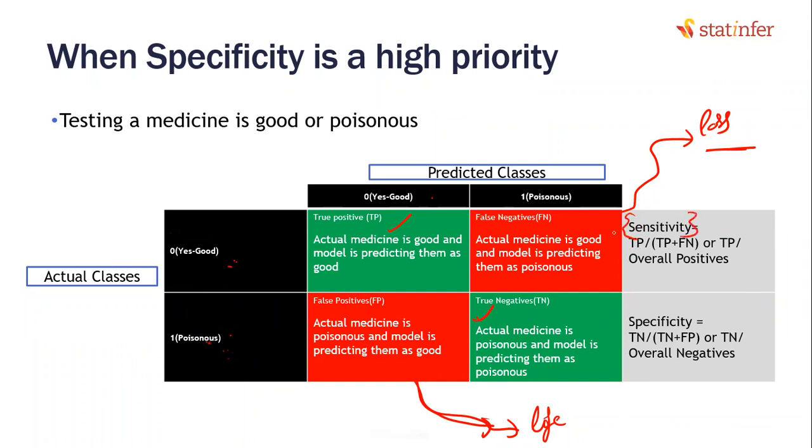The one fixed thing is that the first row is sensitivity, second row is specificity. That means when you tell me specificity is important for me, automatically I'll look at your second row. When you tell me sensitivity is important for me, automatically I'll look at the first row. Depending on your definition of first row and second row, you have to tell me whether sensitivity or specificity is important. Which one is important for you?